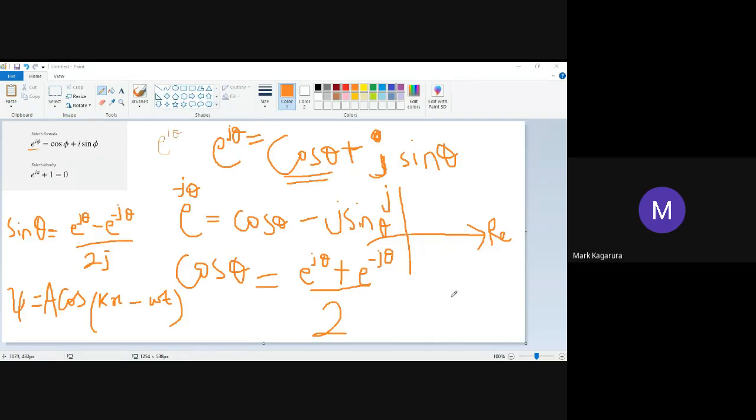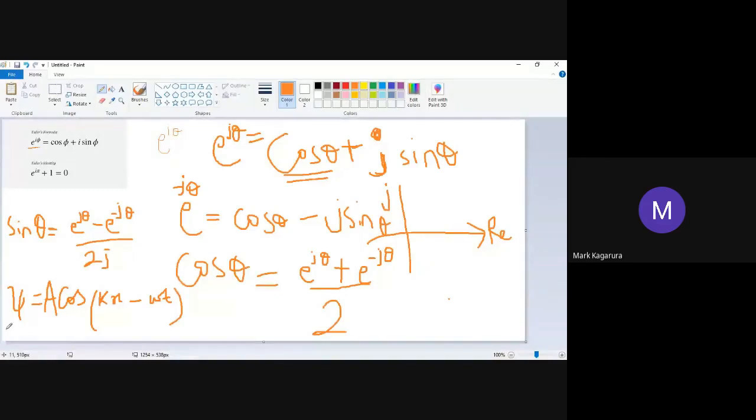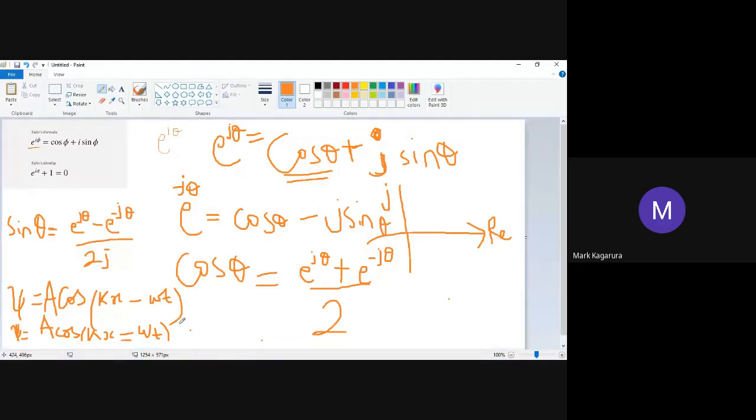But for the wave function, you have φ is equal to a cos(kx minus ωt), plus or minus b sin(kx minus ωt).